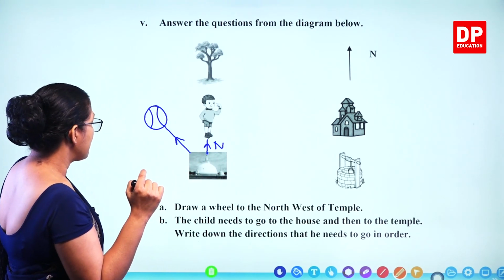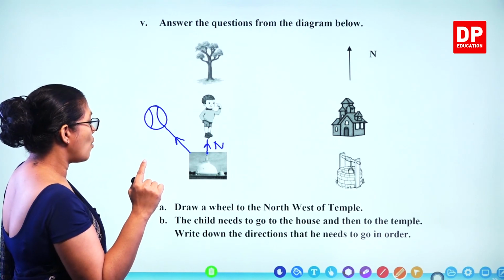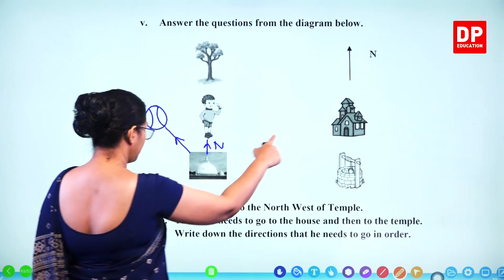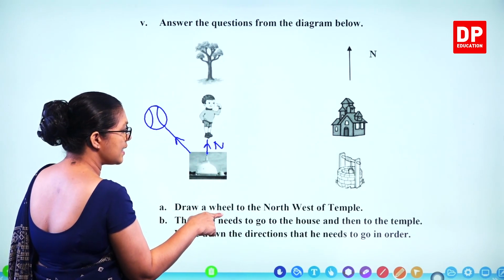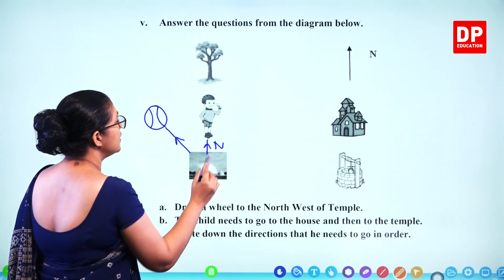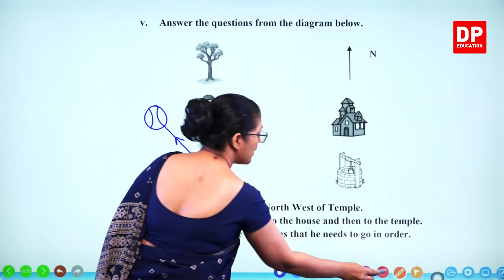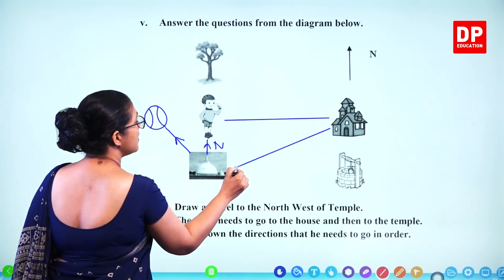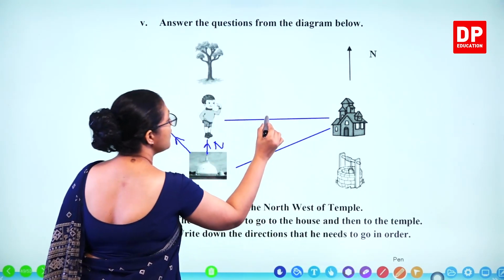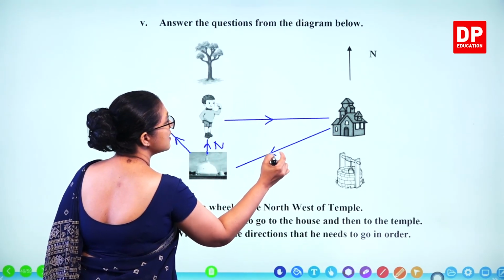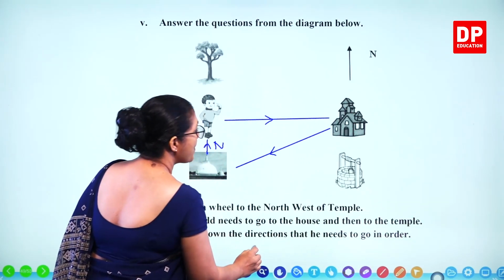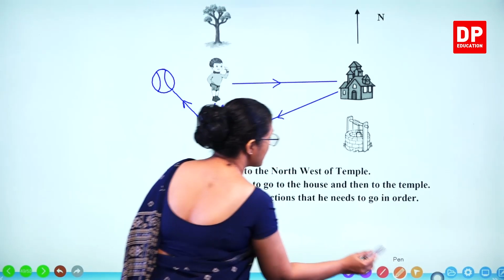And then the child needs to go to the house and then to the temple. Write down the directions that he needs to go in order. So he needs to go this way. First, this way, and then this direction. So what can we write? East first. We can say east first.